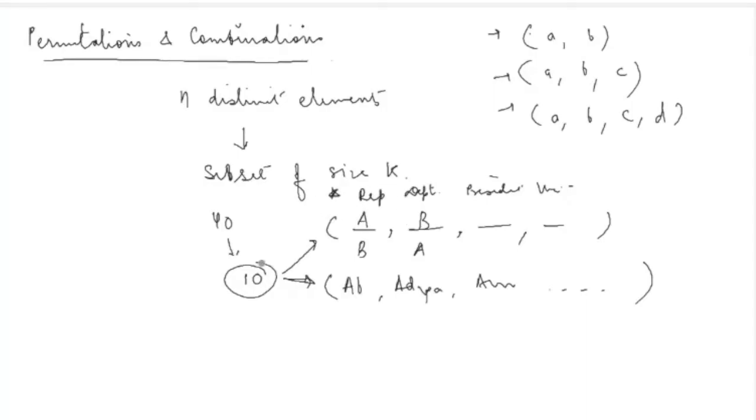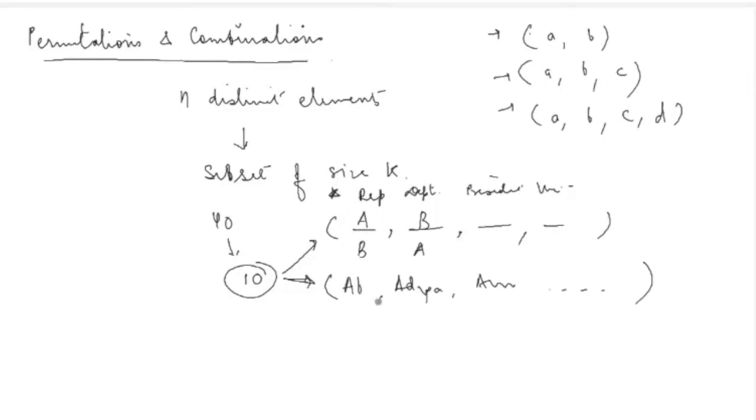जहाँ पे I am interested in knowing कि representative के लिए कौन सा बच्चा select हुआ है, president के लिए कौन सा बच्चा select हुआ है, vice president के लिए कौन सा बच्चा select हुआ है. ठीक है? So whenever I am interested in making an ordered subset, it is a subset.